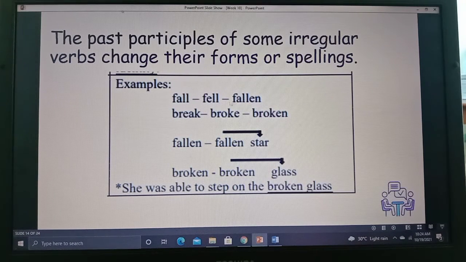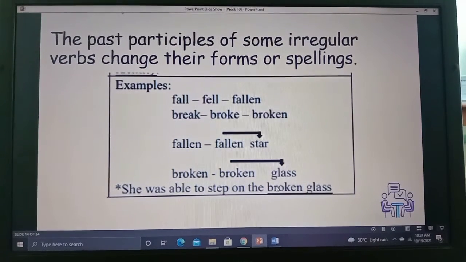Break, broke ang past tense, pero kapag ginamit mo siya as the past participle sa isang sentence, magiging broken na siya. So, ang example dito is, she was able to step on the broken glass. So, ang past participle dito ay yung broken, ay nagbago na yung form niya. Kasi 'di ba ang past tense niya is broke, pero as a participle dito sa sentence, naging broken na yung word na broke.